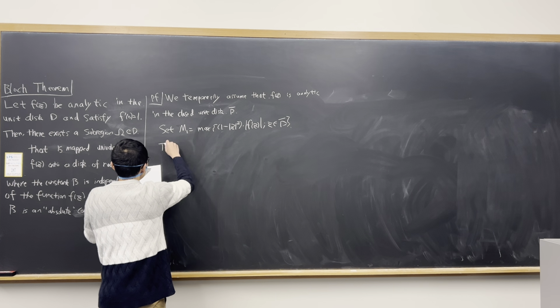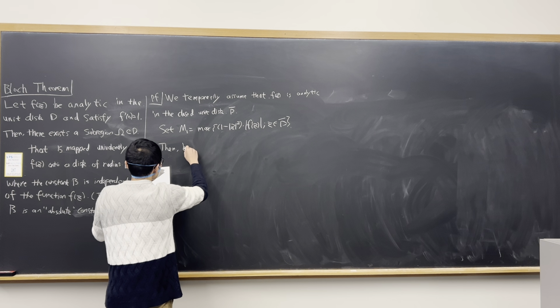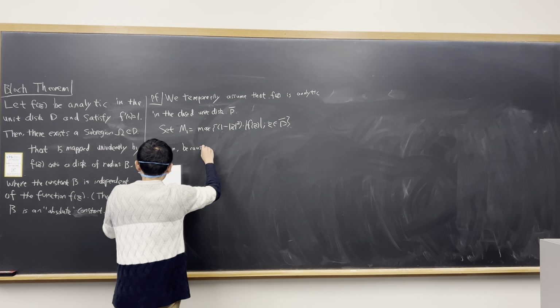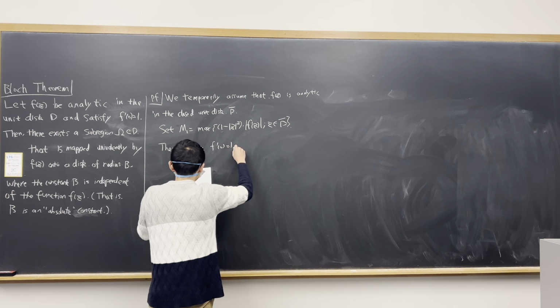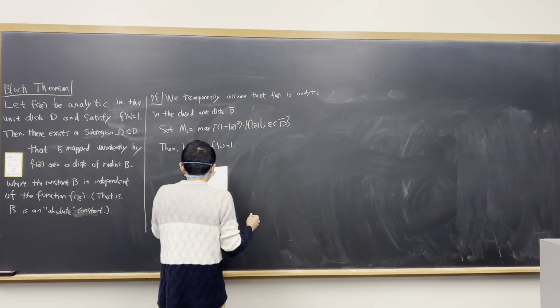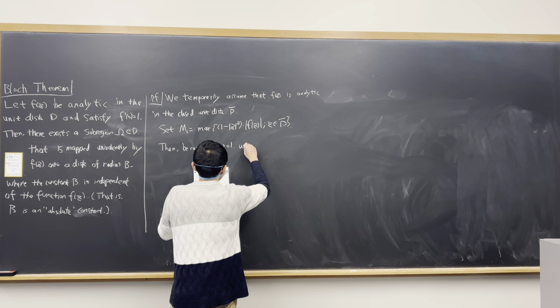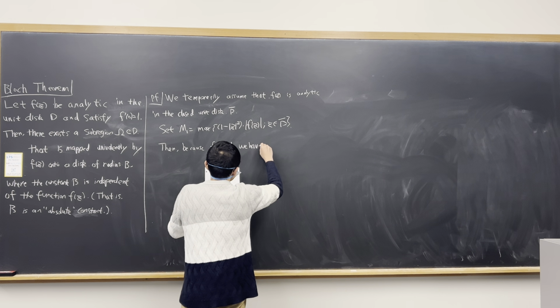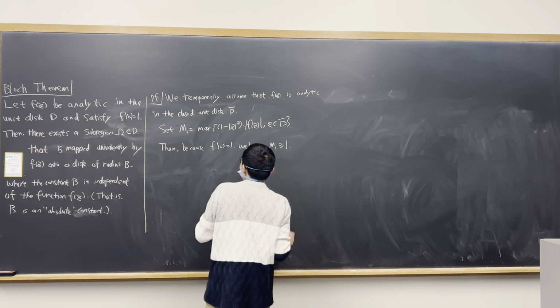So then, because this f prime 0 is equal to 1, we have this M1 is bigger than or equal to 1, right?